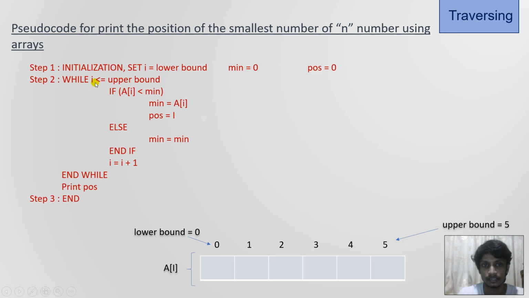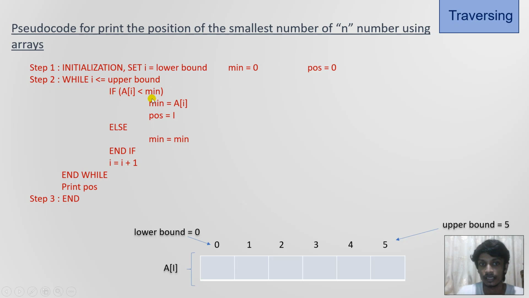This if statement checks whether the corresponding value is smaller than the minimum value, which means we should have initialized a default minimum value. Let's say our first value is the minimum value. So before we go into our while loop, we should initialize the first value as the default minimum value.